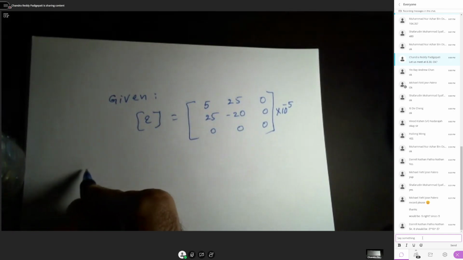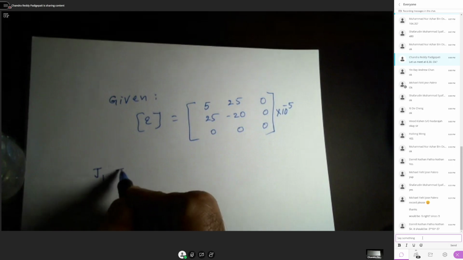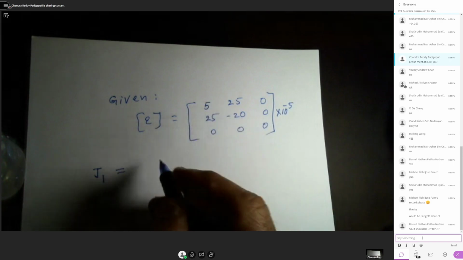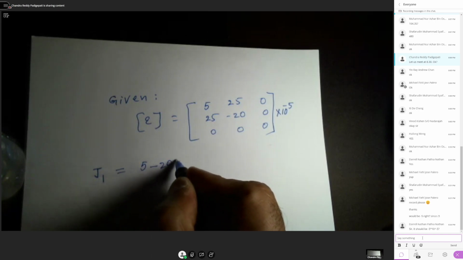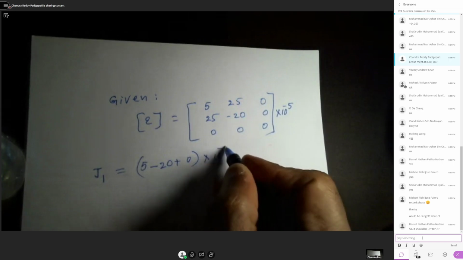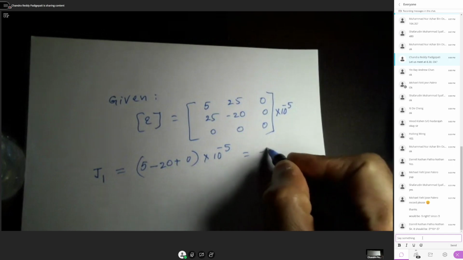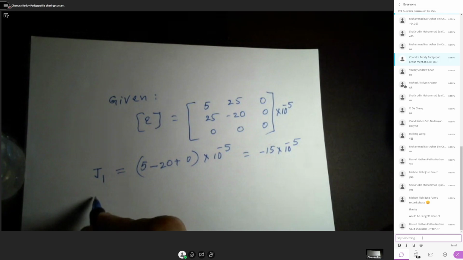For the first strain invariant J1, we need to add all the normal strain components: 5 minus 20 plus 0 into 10 power minus 5. So you will get minus 15 into 10 power minus 5.